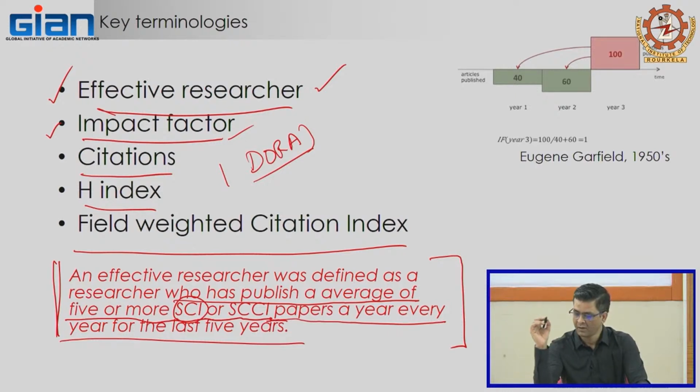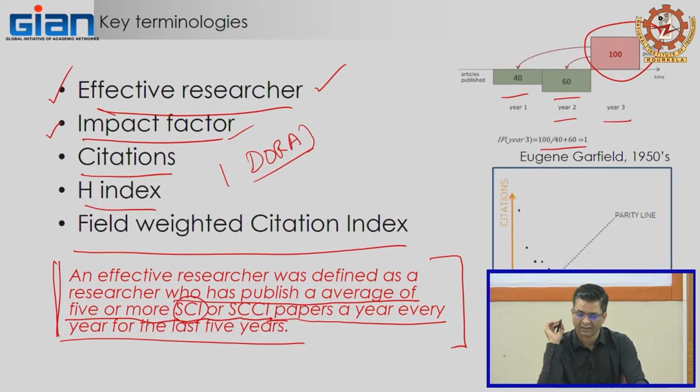So suppose year 1 they had 40 papers, year 2 60 papers, and year 3 100 papers are cited, then the impact factor becomes 1. So it takes 3 years for any journal to get an impact factor. That's one of the criteria for impact factor.